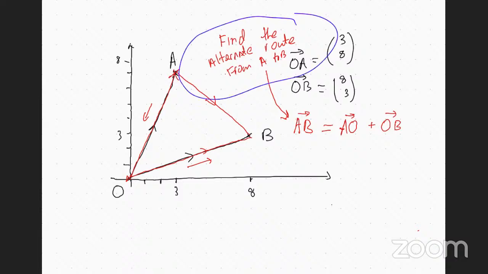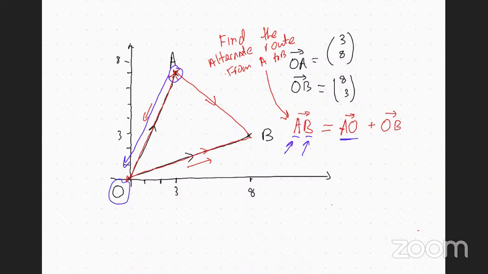Well, AB is a vector, so all I have to do is find a pathway that allows me to get from A to B. I'm starting at A and going to O, so I write AO. Then at O, I'm going to B, so I write OB and I add them. That's it.